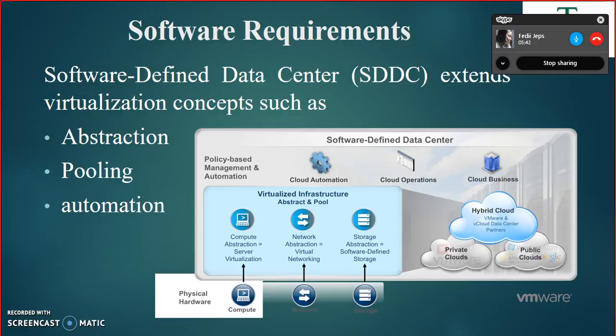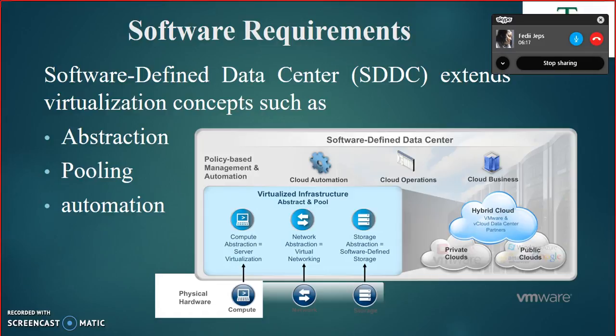Public clouds are available for free, and private clouds are the ones that you pay for, like the ones you now pay to manage your business. The cloud is automated. So with the virtual infrastructure, abstraction and pooling, as you can see there, there is server virtualization, virtual networking, and software-defined storage.